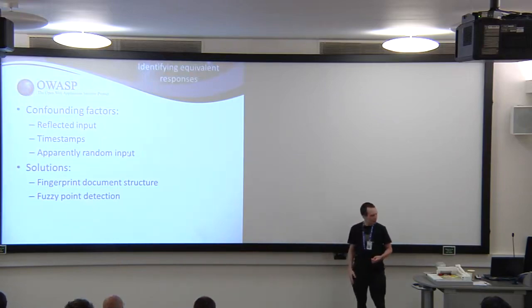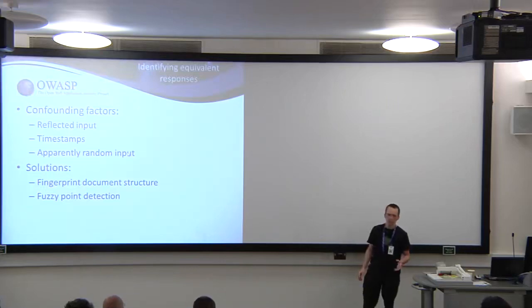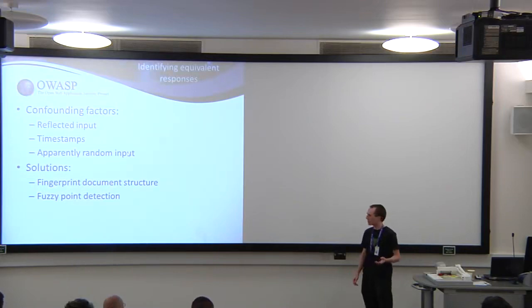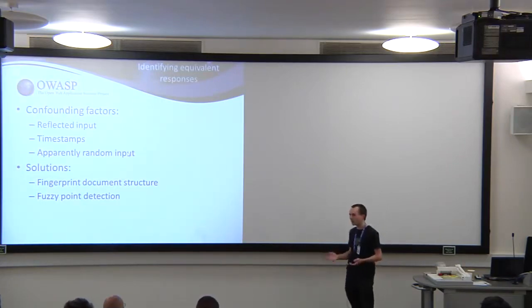And some scanners try to handle this by fingerprinting the document structure. They effectively remove everything that isn't a HTML tag and say, that's what the page looks like. If they start putting new tags in or changing the order of tags, then something major has changed. And it's reasonable, it does the job, but it will miss things.